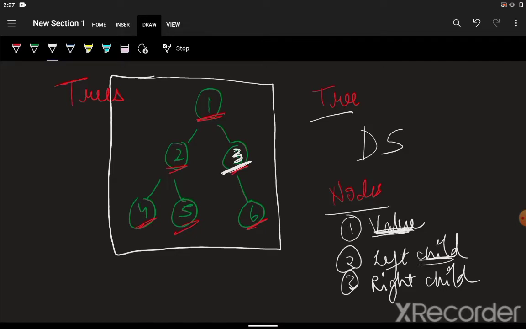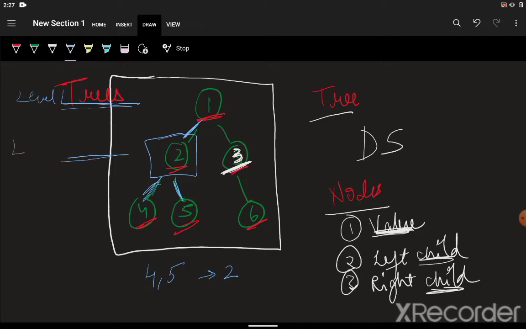Now, what is a child? Let's understand that. Let's take this particular node. We can see it is directly connected to these nodes. One thing you can see is these two nodes, 4 and 5, are directly connected to 2. Let's suppose we have some levels. Let's say this is the first level, this is the second level, and this is the third level.